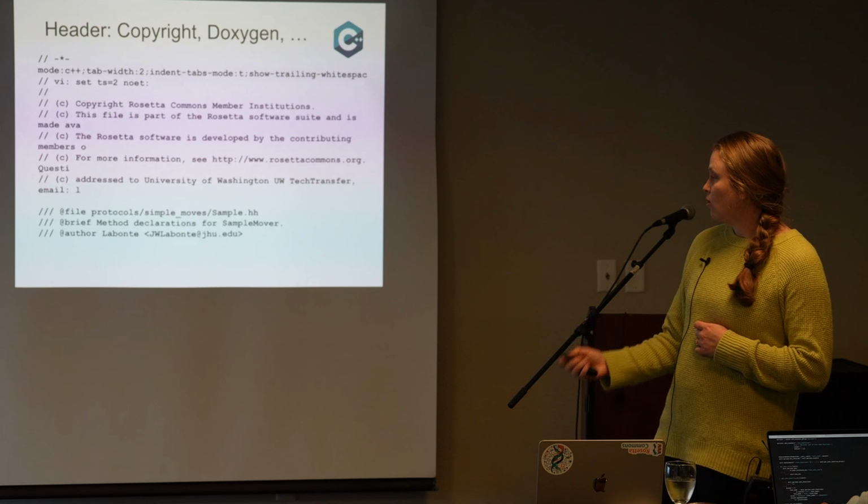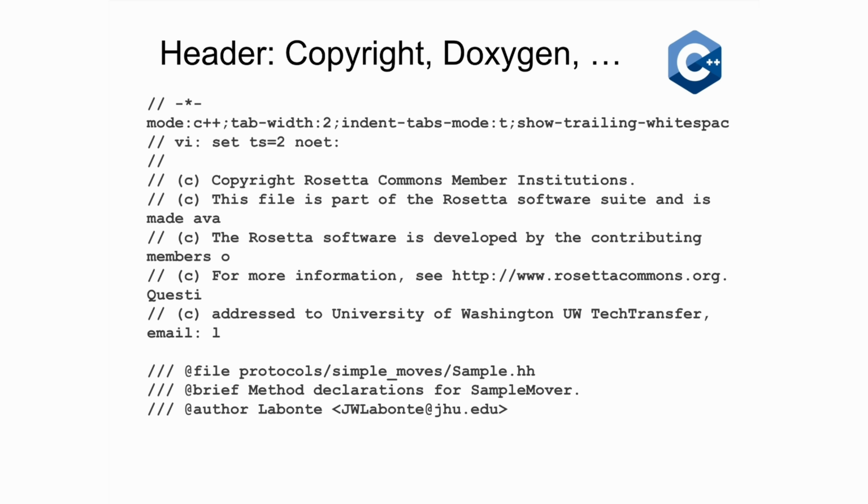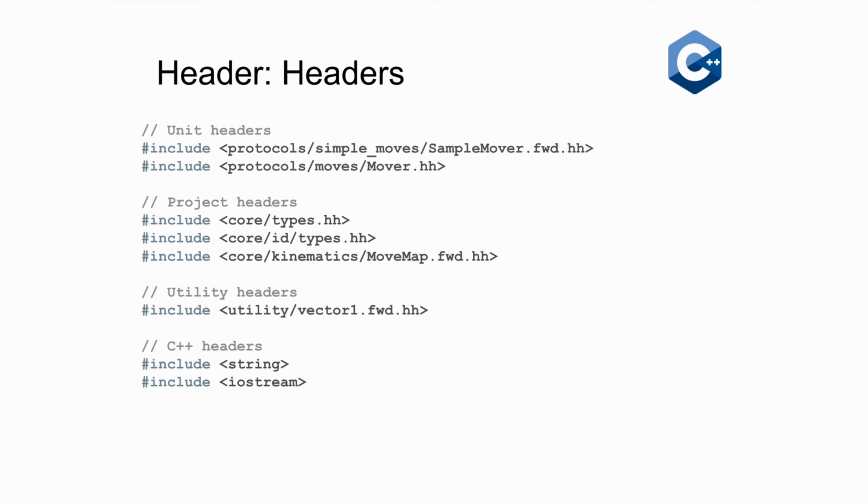For your header file, once again, you'll have very similar lines. So you're going to have your copyright. All of your code files that you're adding to Rosetta should have the copyright lines. And then again, you want to have the Doxygen lines. And then you'll have the headers that you include in your header file.